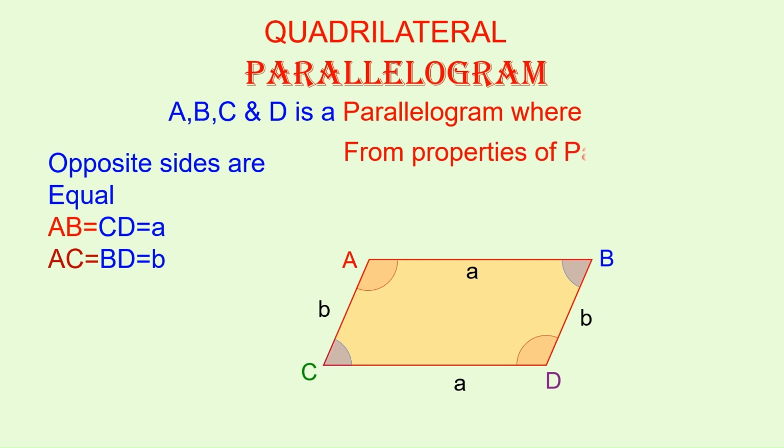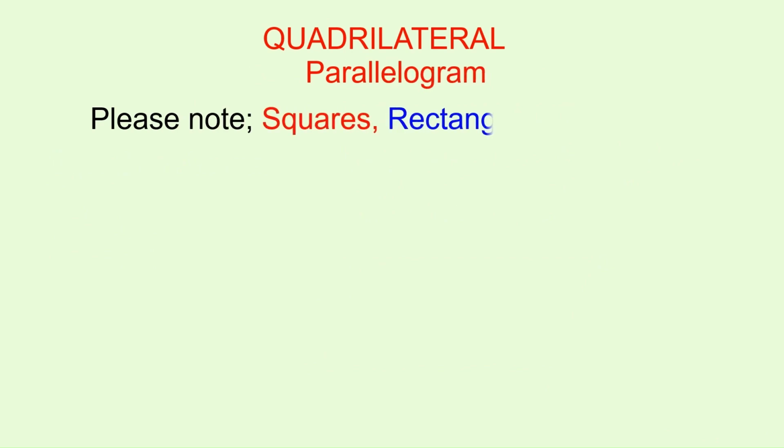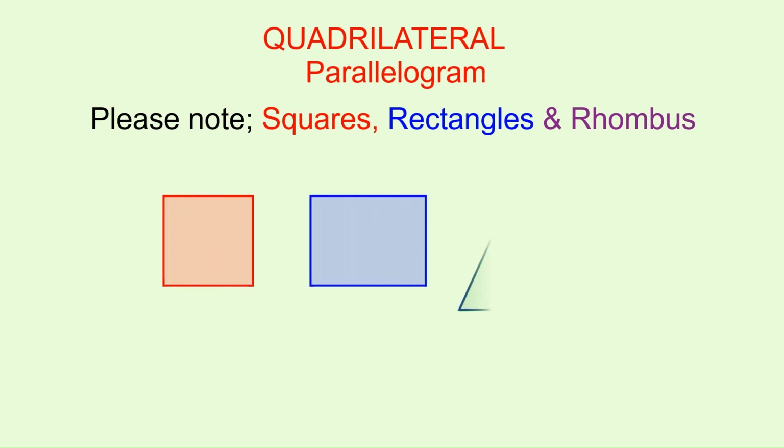Here, opposite sides are equal, and, from properties of parallel lines, opposite angles are equal. Please note, squares, rectangles, and rhombus are all parallelograms.